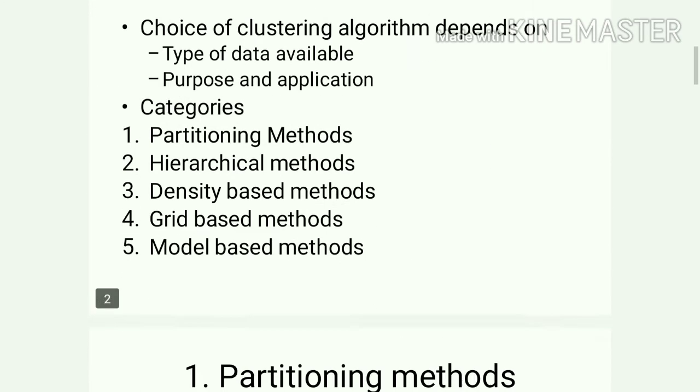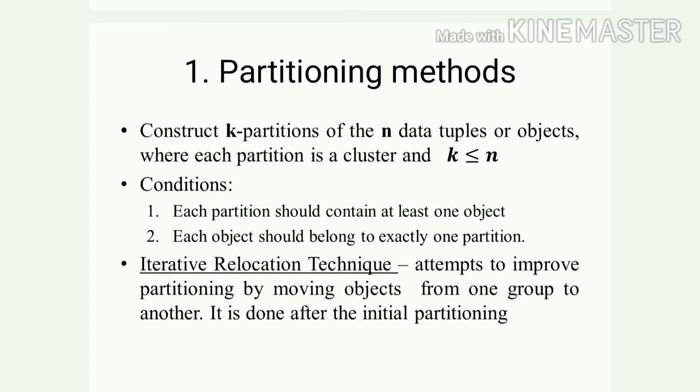The partitioning method means that if we are given a database which contains n data tuples or n objects, it is partitioned or separated into k partitions or k groups, where each partition is considered a cluster, and k, the number of clusters, is less than or equal to n.